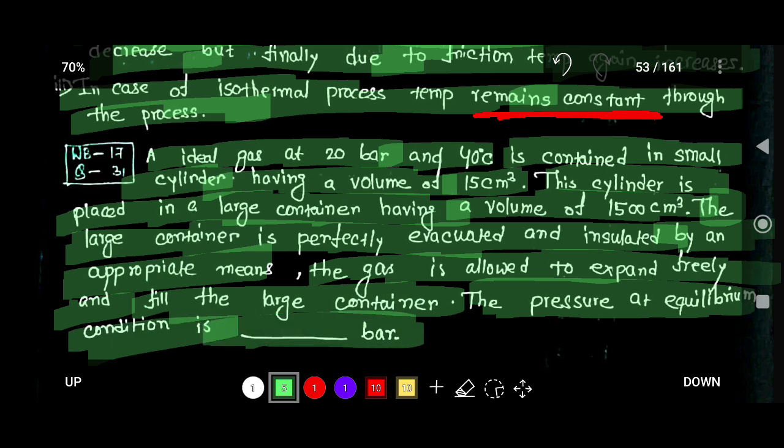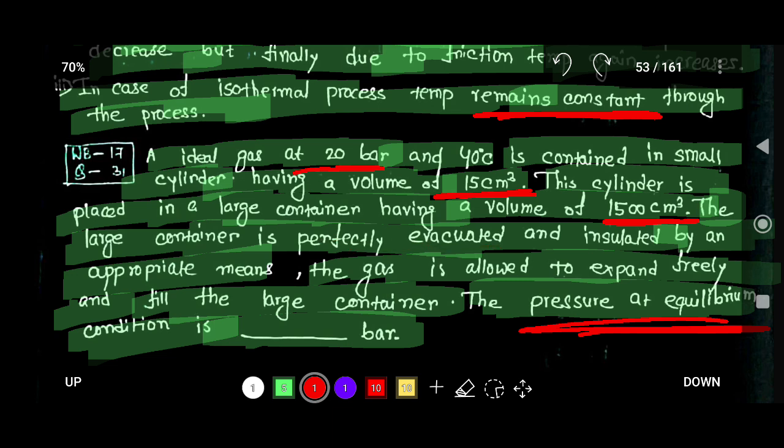When you read this question, you can see that it must be a free expansion process, because here there is a small cylinder which has a volume of 15 cm³ and a pressure of 20 bar, and the outside container has 1500 cm³ and is perfectly evacuated.